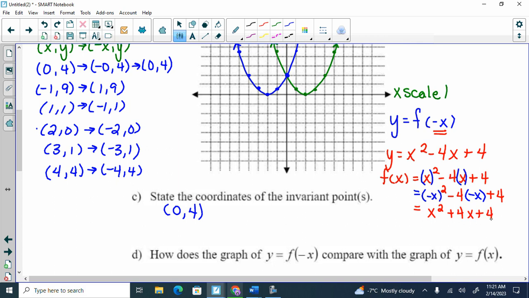So now type that into your y2 and see if you get the reflection. You can always check your equations. If you're trying to find a reflected equation, you type your original in, type in the one you found, and they should reflect, right? If they don't, oopsie. So you clear out your y2 and now put that in. X squared plus 4x plus 4.